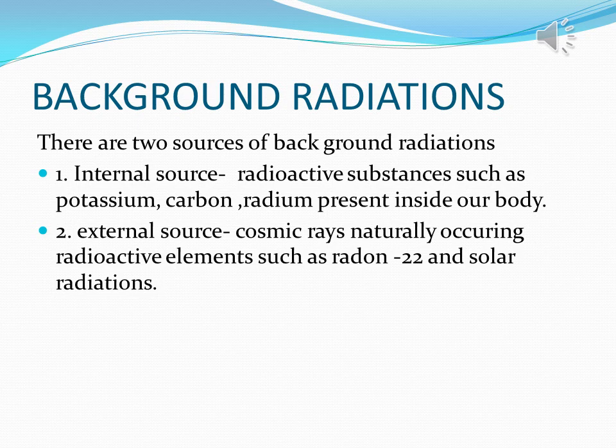The internal source, such as potassium-40, carbon-14, and radium present inside our body. And the external source is cosmic rays, that is, naturally occurring radioactive elements such as radon-222 and solar radiations.